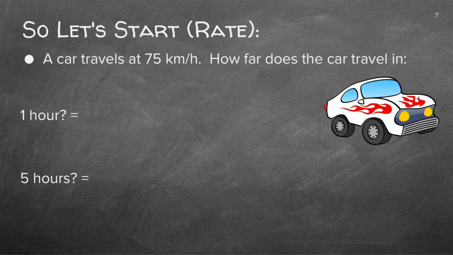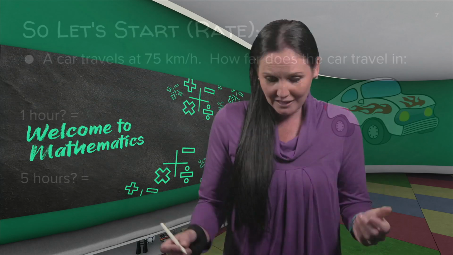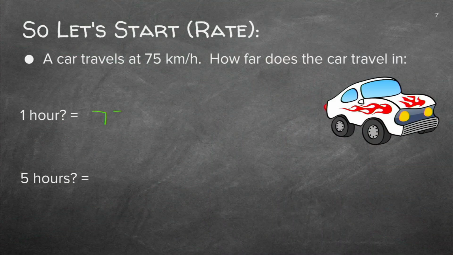Now, per means 1. So for 1 hour, that is the kilometers I am traveling. Now they're asking, how far does the car travel in 1 hour? Yes, that's how easy it is. They're giving you the answer. They are saying 75 kilometers per hour. So they're telling you 75 kilometers in 1 hour. And that's all you do. 75 kilometers. That's how easy this question is.